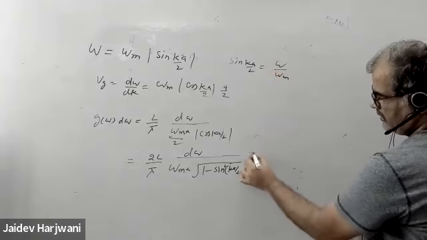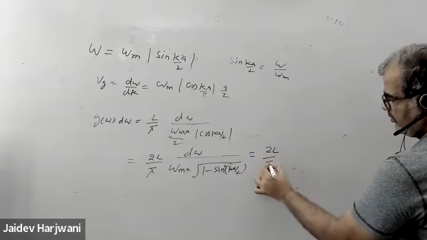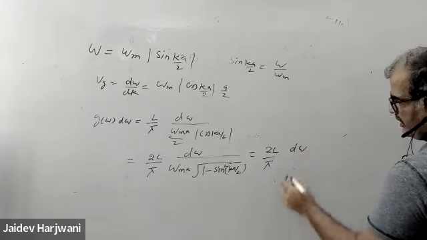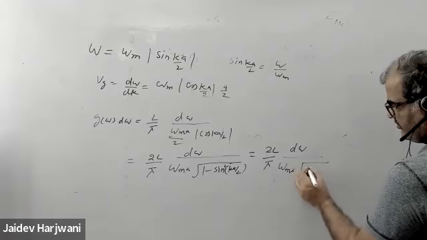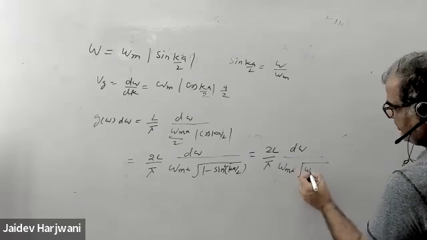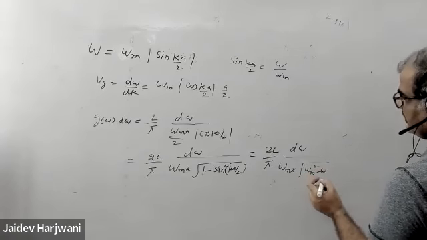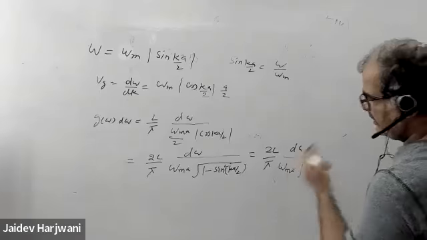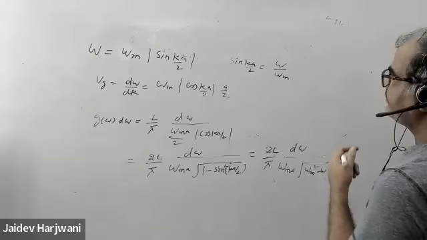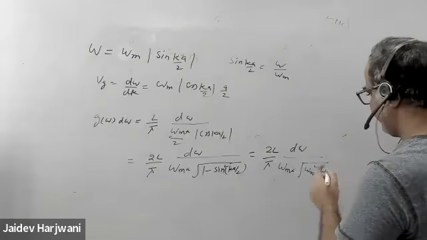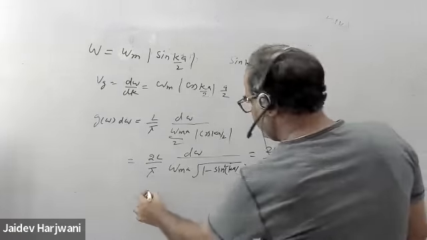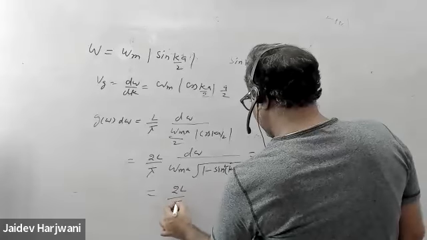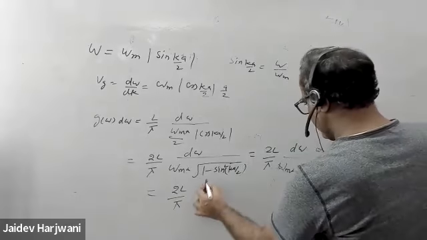Okay, so this will be 2L upon pi d omega. Okay, Vm a becomes 1 minus Vm square, so this becomes Vm square minus V square. Okay, correct. And Vm will come out, so Vm will cancel.